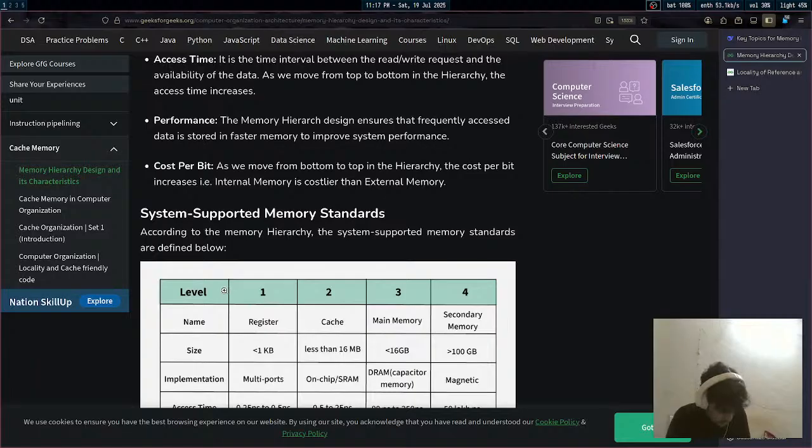Memory hierarchy is arranging memory for the CPU to access in such a way that it is optimized for both performance and cost efficiency.